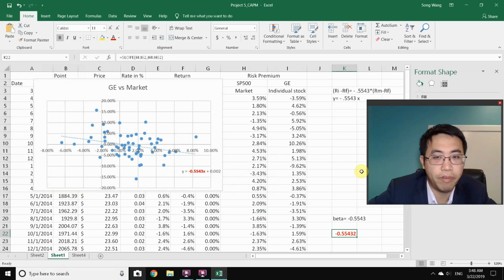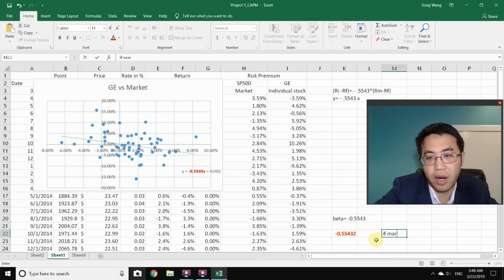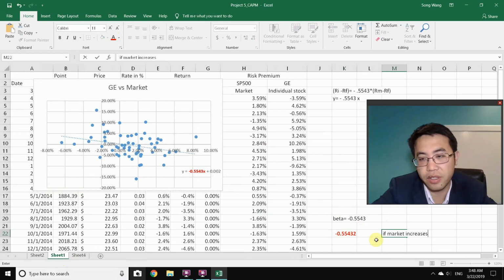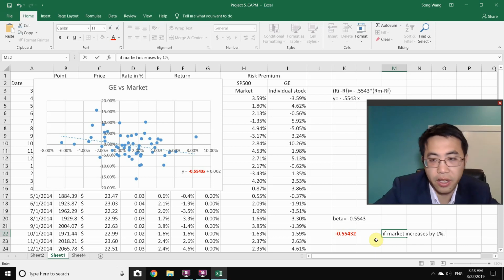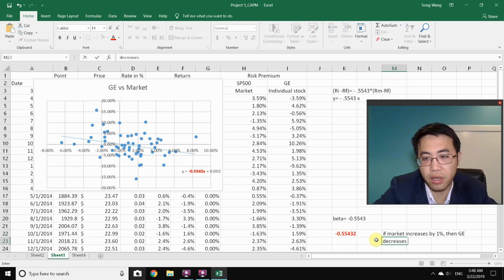The beta here is telling me that if the market increases by 1%, then GE would decrease by 0.55%.